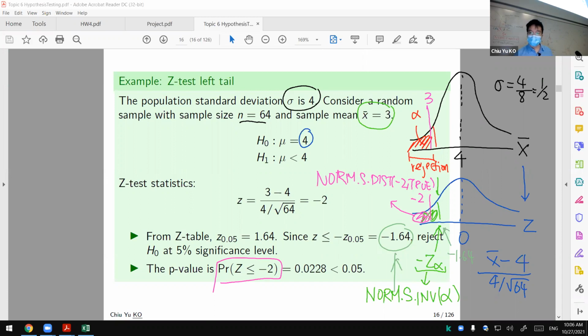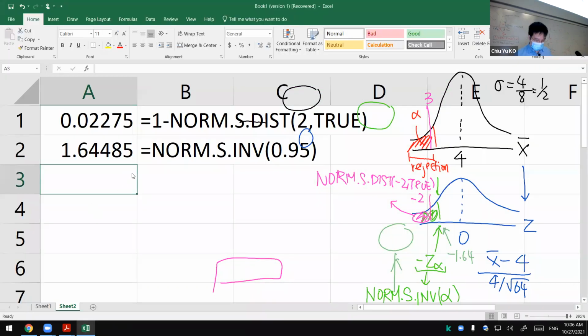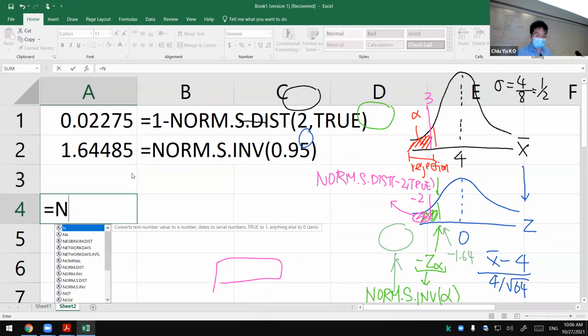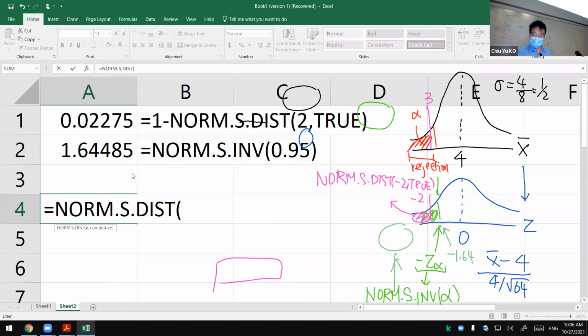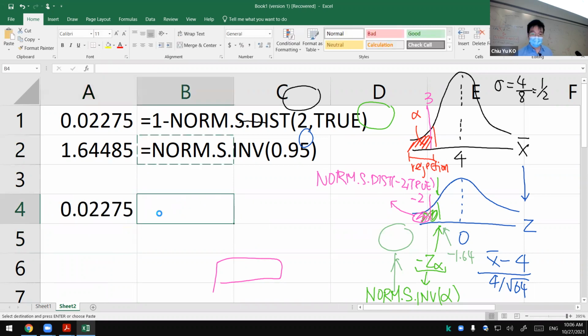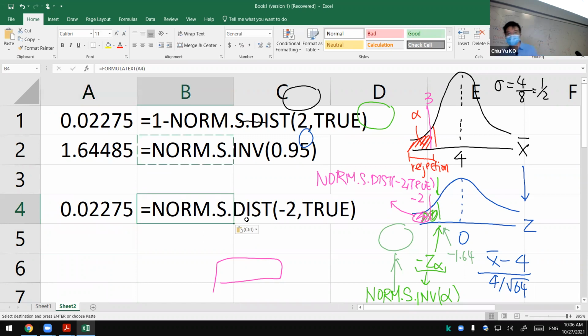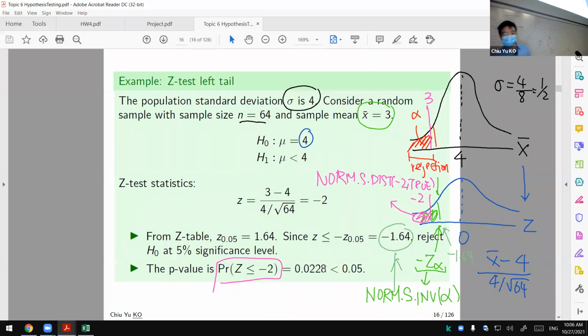I don't think I need to go over this, but I'll go over one small thing. It will be the norm of this -2. I hope that is not a big deal for you for now. So this is 0.02. That's how you get this number, and this number is less than 5%, then you reject. You can see it's the same boring technique again.